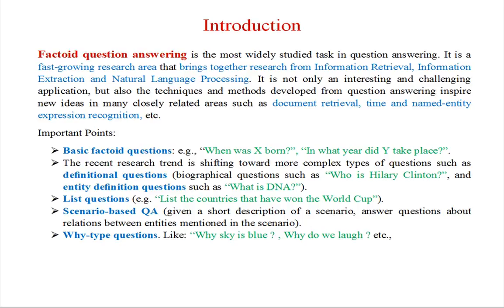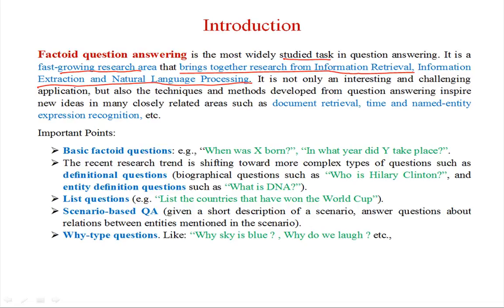Now we will give some introduction. Factoid based question answering is the most widely studied task in question answering. It is a fast growing research area. It brings together the research from information retrieval, information extraction and natural language processing.